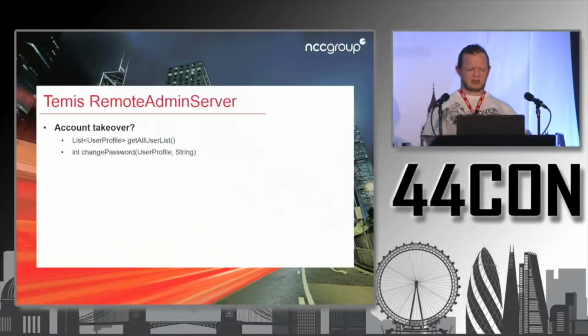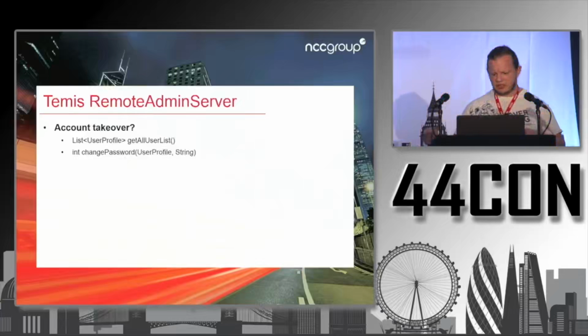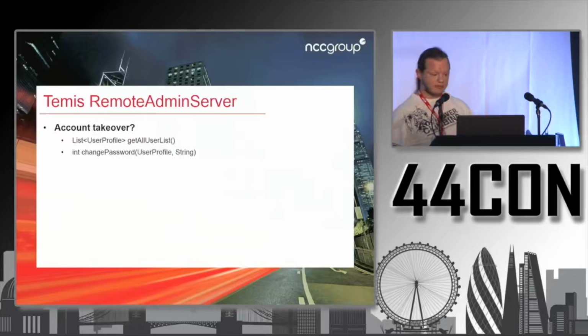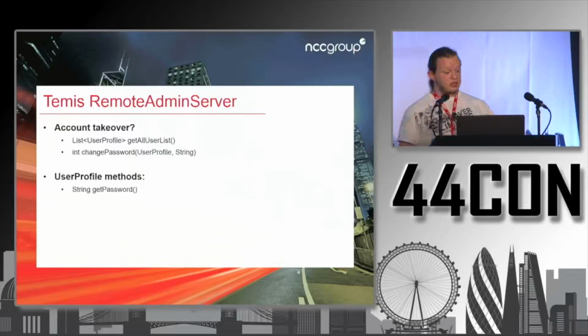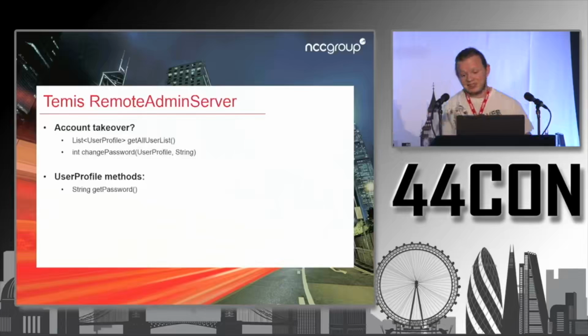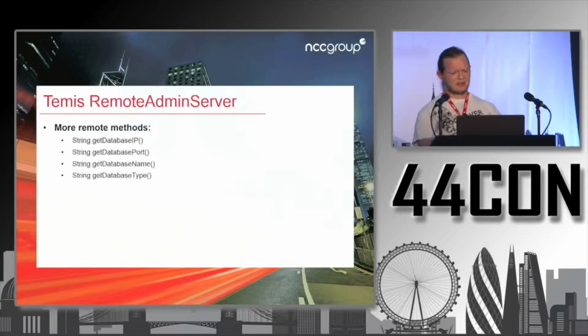There was a possible account takeover. You could get a list of all users, which returned a list of user profile objects. You could then pass a user profile and a string, probably a new password, to the change password method. Or you could just say user profile.getPassword and get that user's password. Some more remote methods.